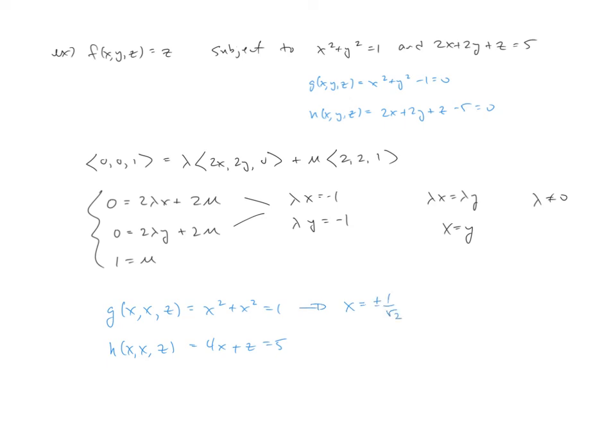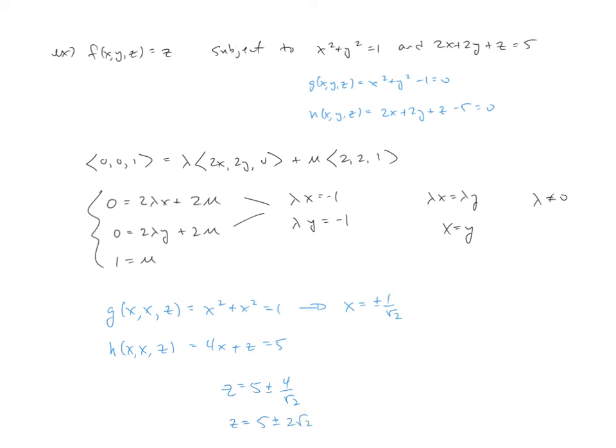And so when I take that value now and I come down in here, that's going to give me a couple different z values. It's going to give me z equals 5 plus or minus 4 over root 2, which if you really wanted to simplify, I suppose you could, into 5 plus or minus 2 root 2.